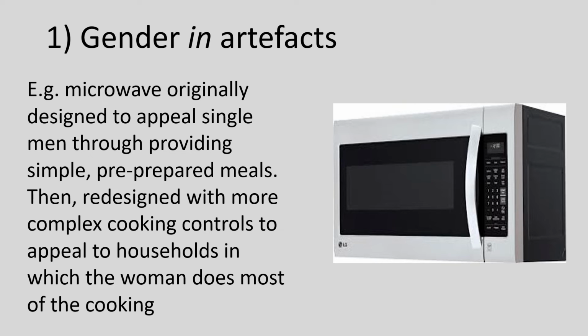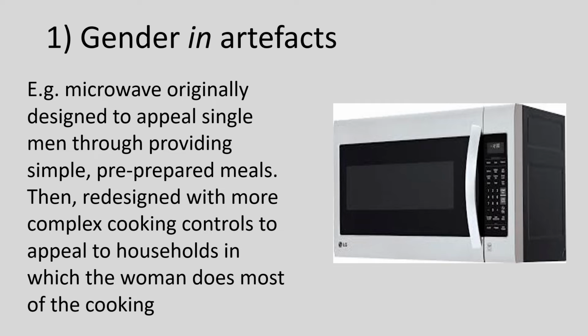It's constructed with an ideal in mind of a woman in the home who does the cooking, and through that ideal it's marketed as a particular kind of good, and that ideal of a woman who's skilled at using a technical device for cooking is then designed into the product.